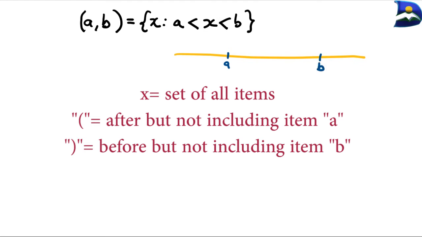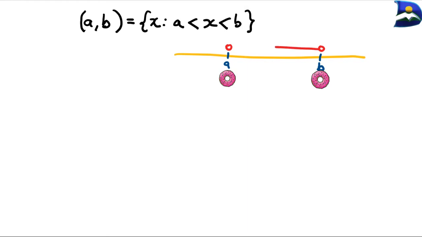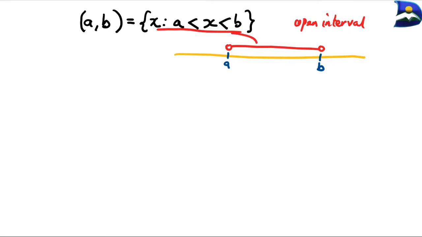We have the set of all x within this particular region, but not including a and b. As a result, this is known as an open interval. So that is something to keep in mind, and don't forget to also show this particular expression. So that is what an open interval is.